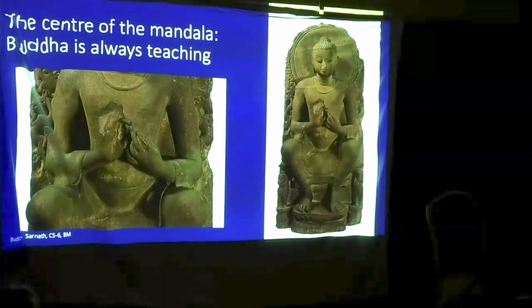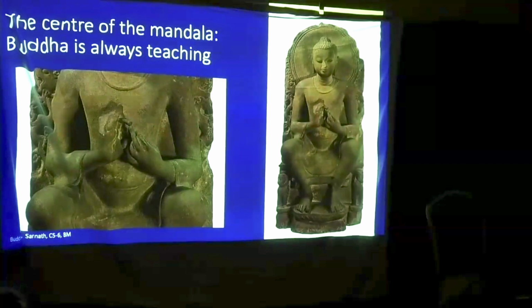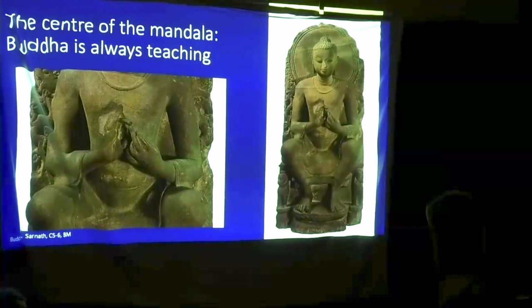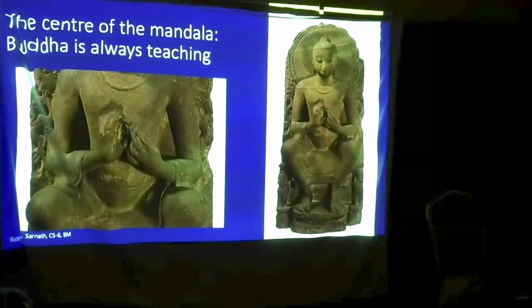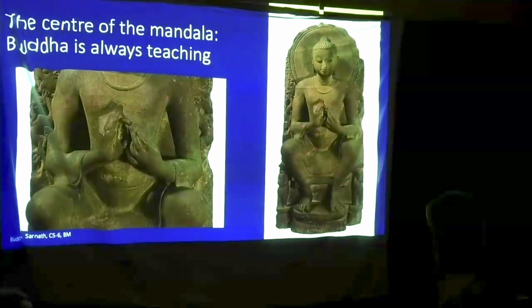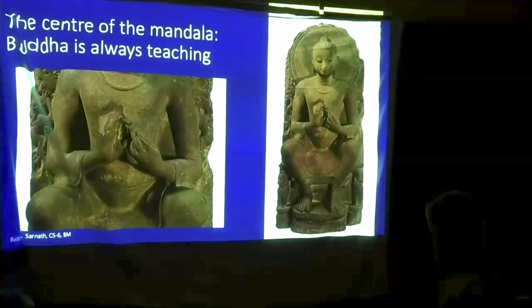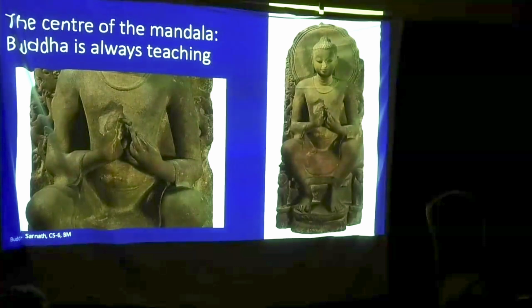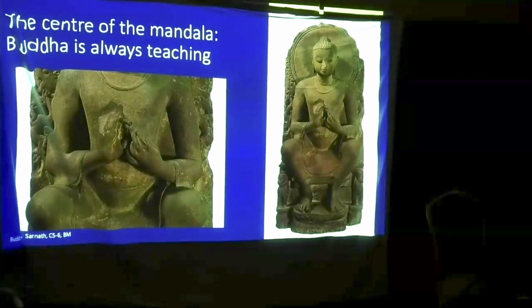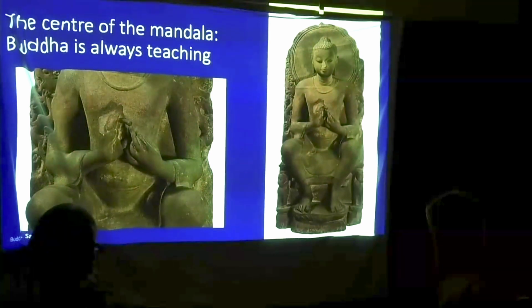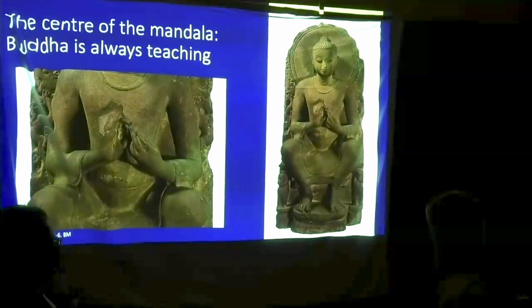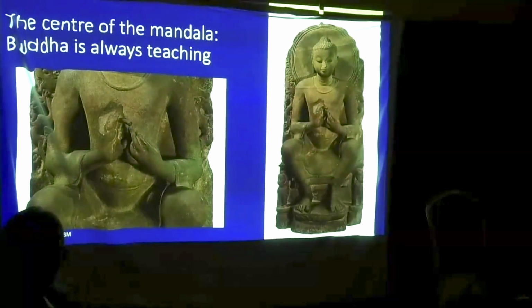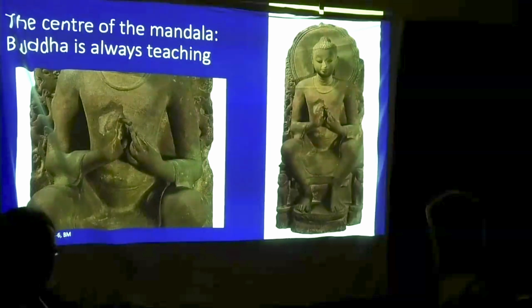And I guess I'm showing you some of these images because there are so many figures of the Buddha, and sometimes people just don't know what they're looking at, and they're thinking, what Buddha is this, and what's the Buddha doing? So this image is at the British Museum again, and the Buddha's doing this hand gesture, which is a bit like turning the wheel of the Dharma.